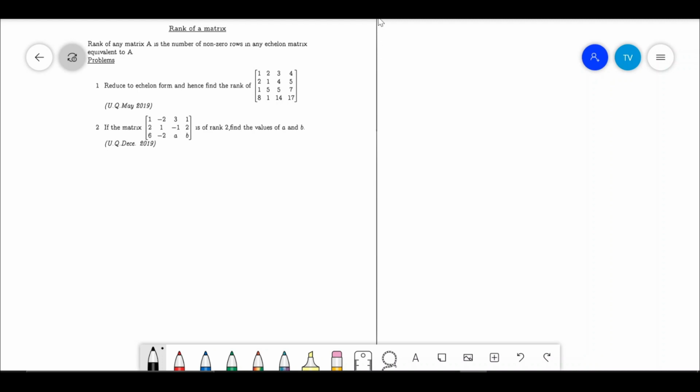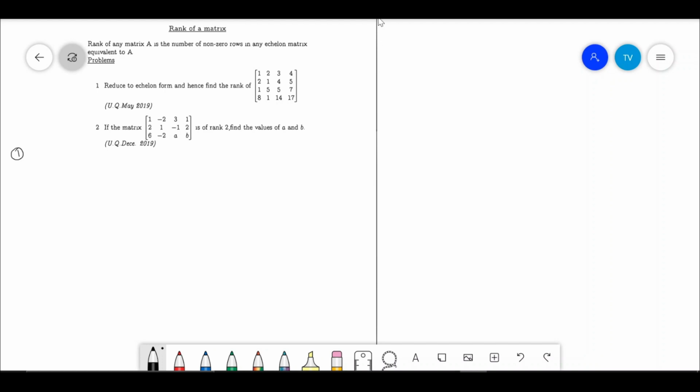So, to define this concept clearly, let us take two examples, two previous university questions. So, let us solve these two questions. Let us take the first one. First question: reduce to echelon form and hence find the rank of the matrix with rows 1, 2, 3, 4; 2, 1, 4, 5; 1, 5, 5, 7; 8, 1, 14, 17.